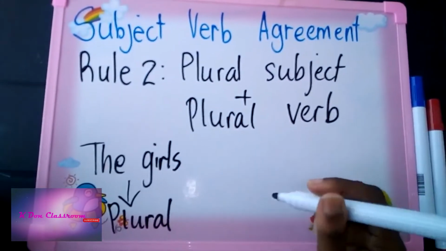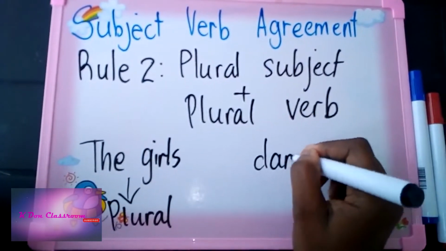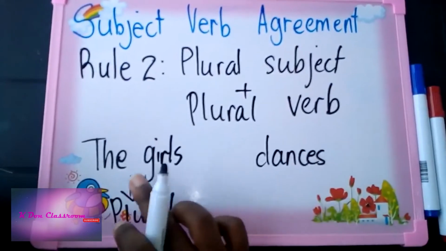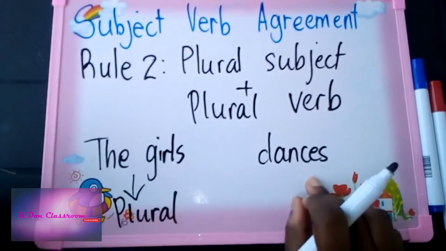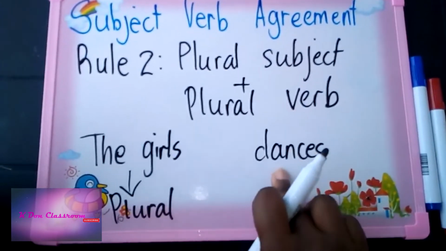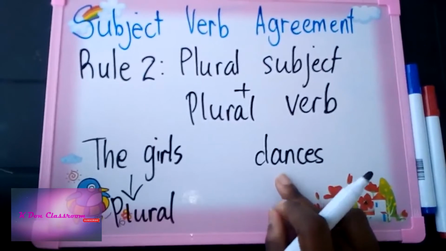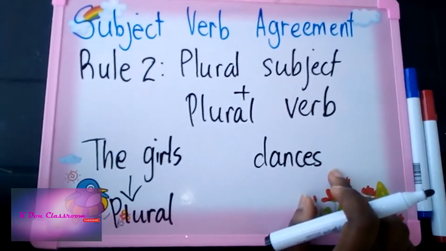Good. Now if we want to use a verb dance, can we say the girls dances? No, we can't, because if we add the letter S to the verb dance, then this would be saying that it is singular, and we know that we want plural.